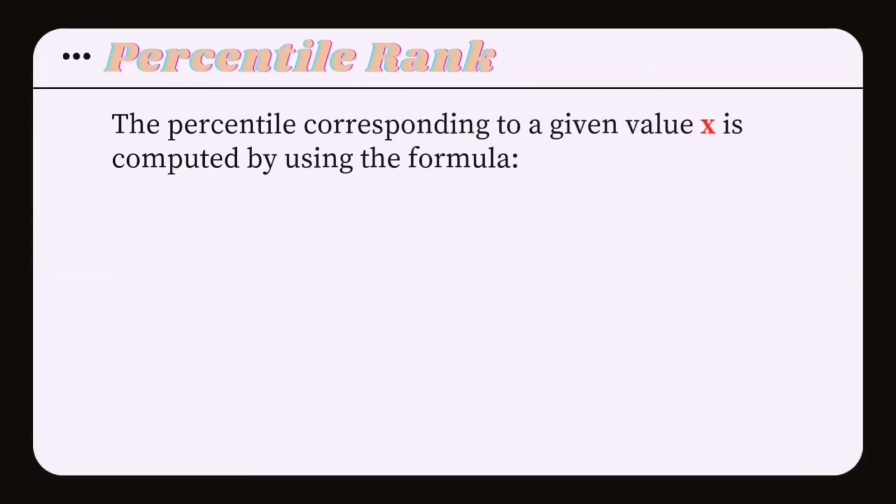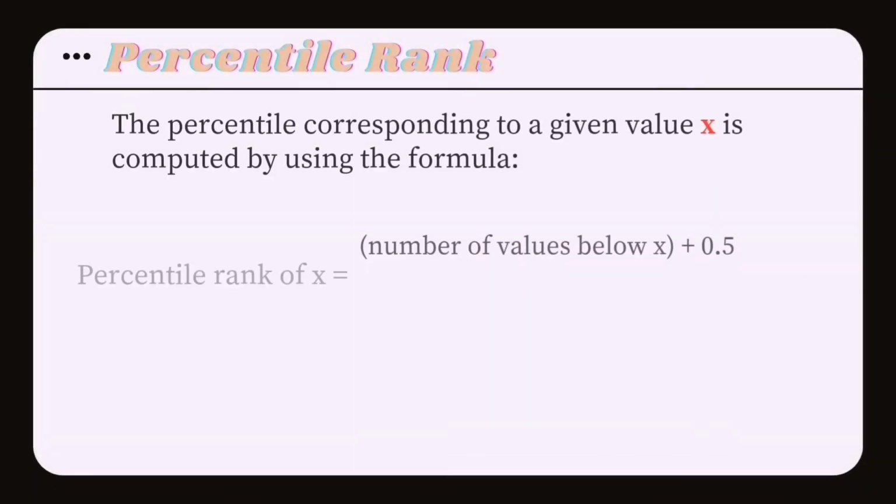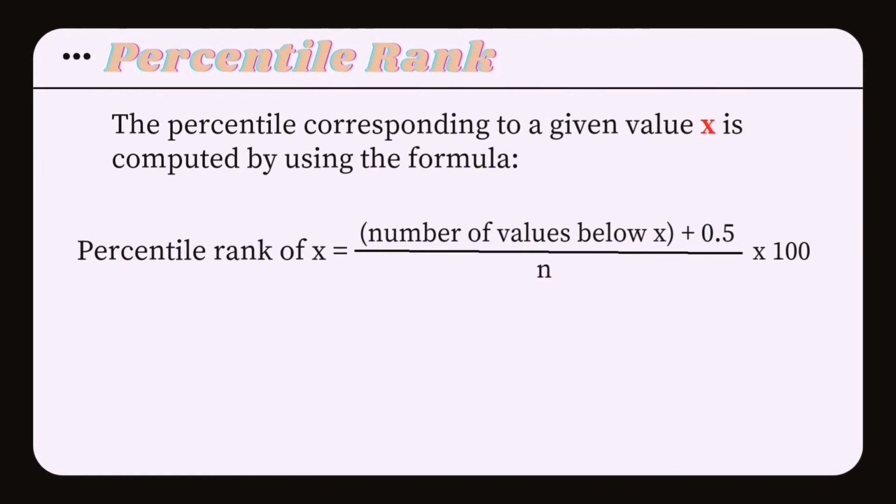Now, let's move on to our last topic, which is the percentile rank. The percentile corresponding to a given value x is computed by using the formula: percentile rank of x is equal to the number of values below x plus 0.5 over n times 100.